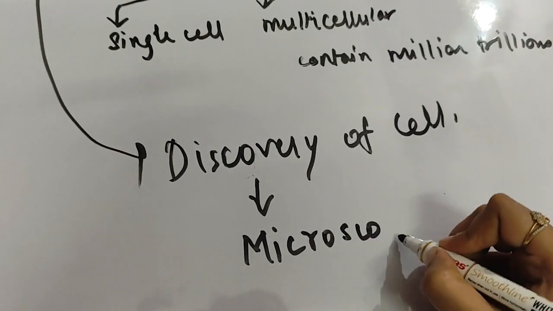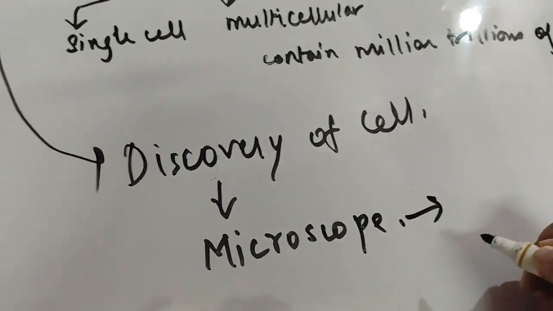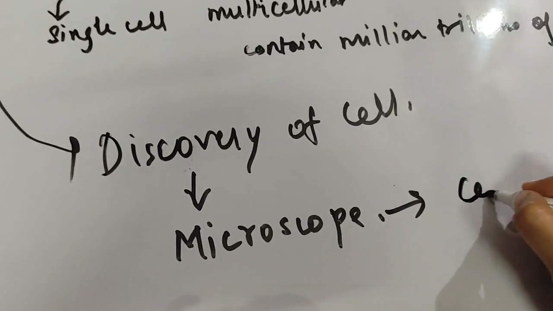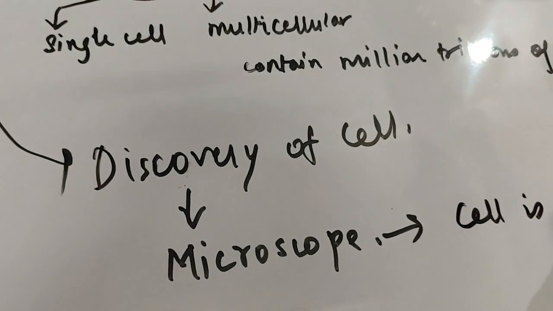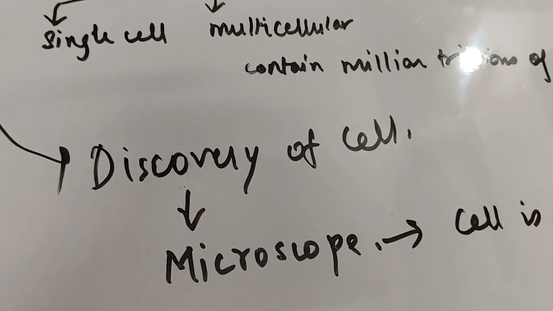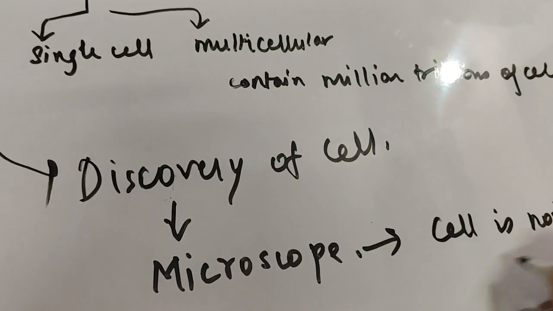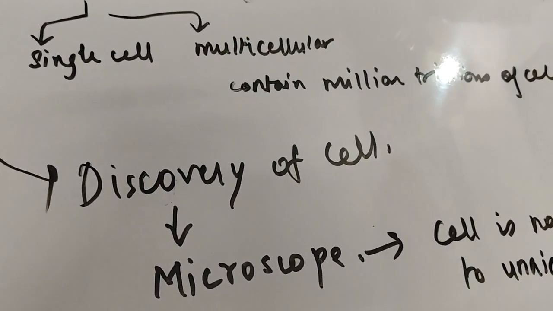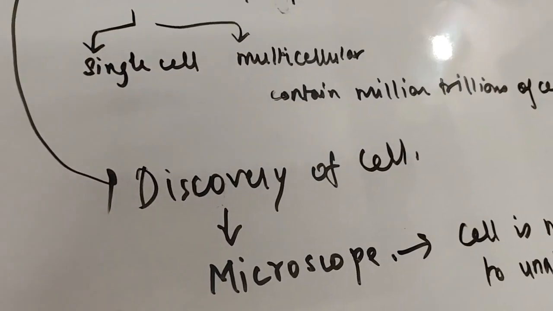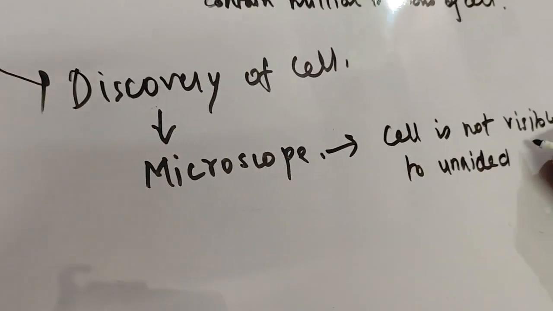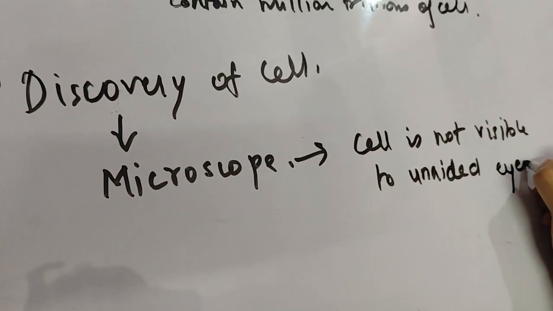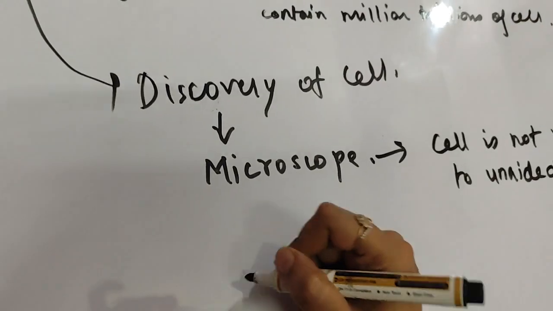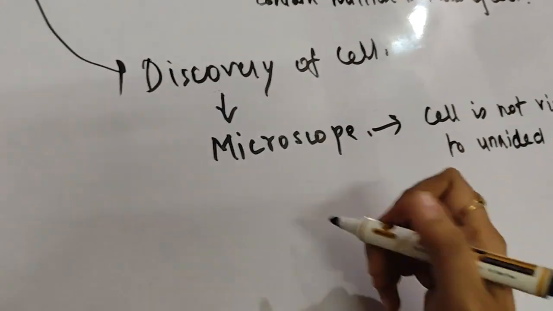As we all know, cell is not visible to unaided eyes, which means we cannot see cell without a microscope. So first we will see how the microscope evolved with time.